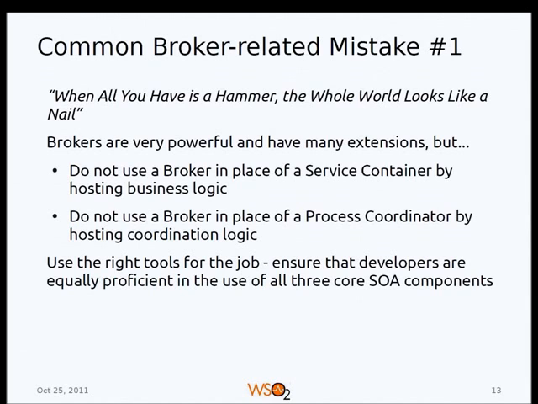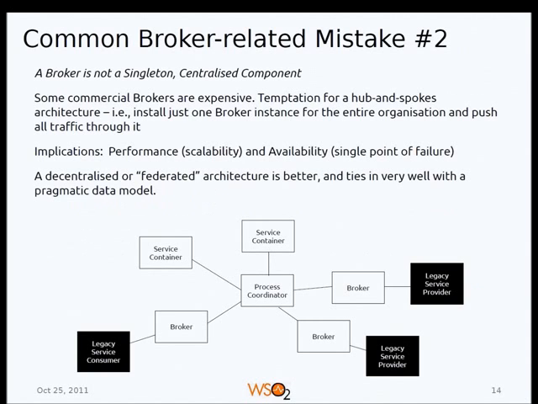The second common broker-related mistake is using it in a hub and spokes kind of architecture. A broker is not really a singleton, centralized component. Probably what's happened is many commercial brokers are very expensive. So there's a temptation not to use more than one or two of them.